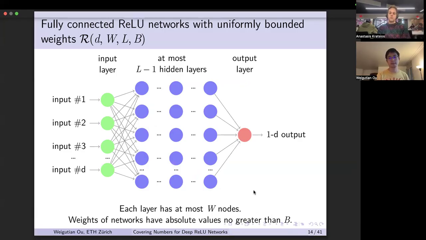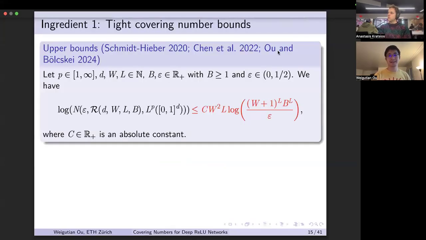In the literature, there has already been a result on the upper bound of the covering number of this type of network, which reads: the logarithm of the covering number is less than some constant times W squared L times the logarithm of (W plus 1) to the power L, B to the power L over epsilon.